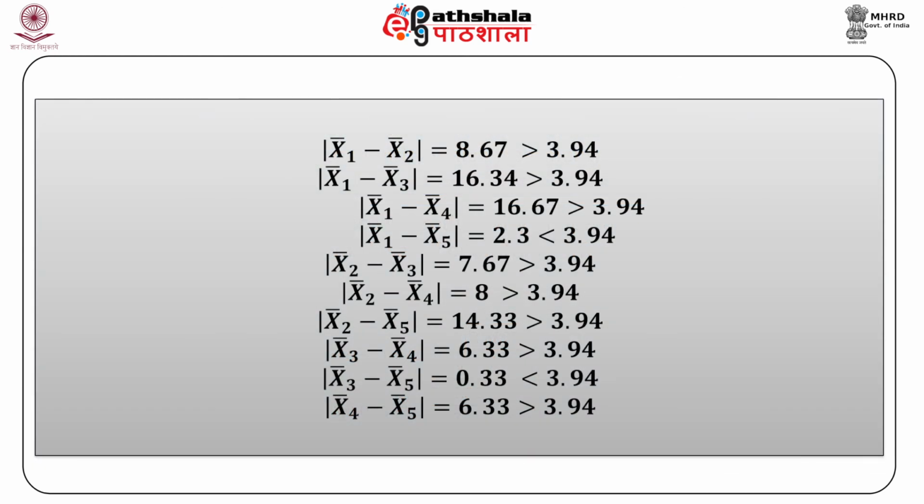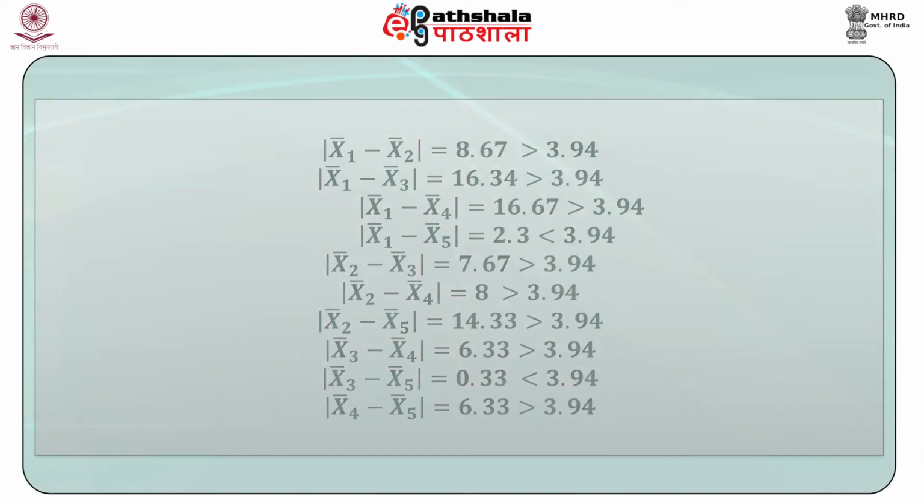If you now find out the difference of x1 bar and x2 bar, it is 8.67, which is greater than 3.94. Similarly, the modulus difference of x1 bar minus x3 bar is also greater than 3.94. So you can keep on finding out all these pairwise differences and see which is greater and which is smaller than 3.94.